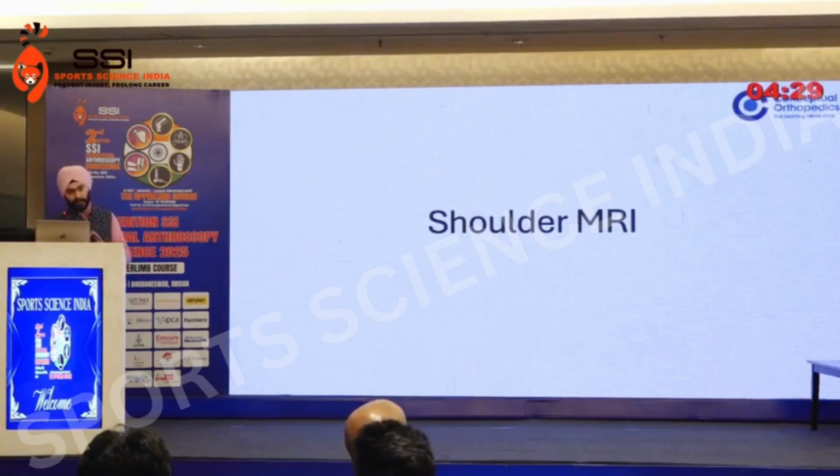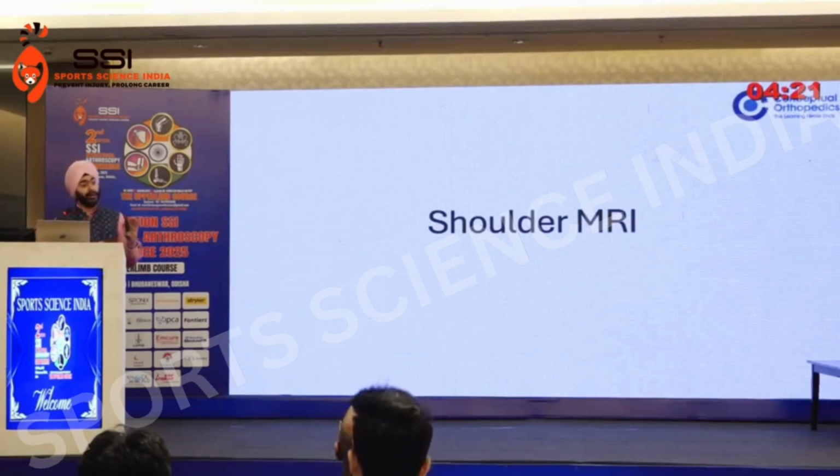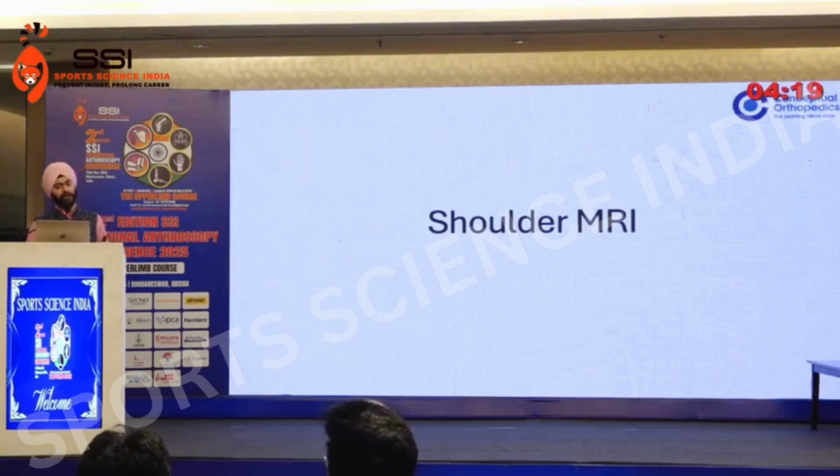In today's practice, I don't do any special views. These are the views I do: a normal AP or true AP view and any form of a lateral view. Sometimes I do get a Zanca view for the AC joint, but I don't use any special views in my clinical practice. I think with the advent of CT and MRI, most of these are obsolete.